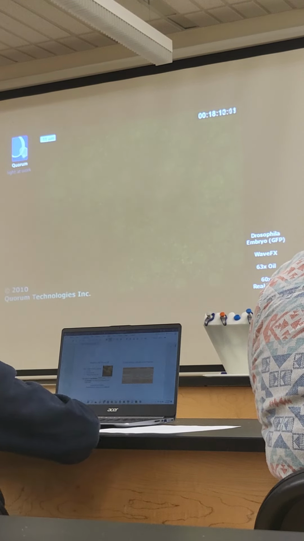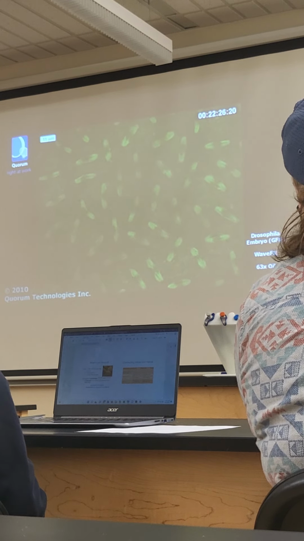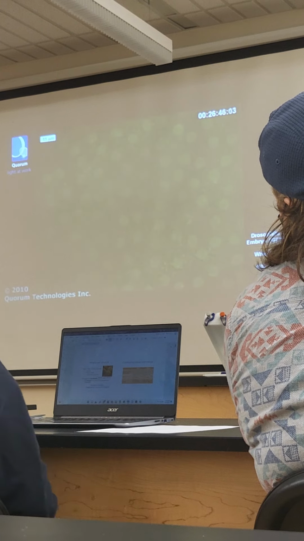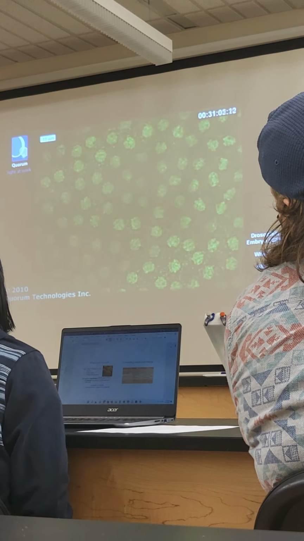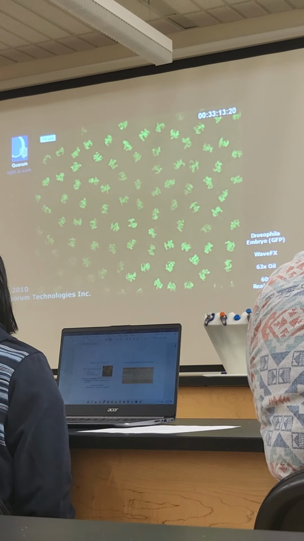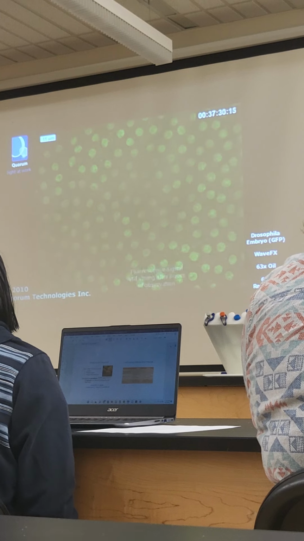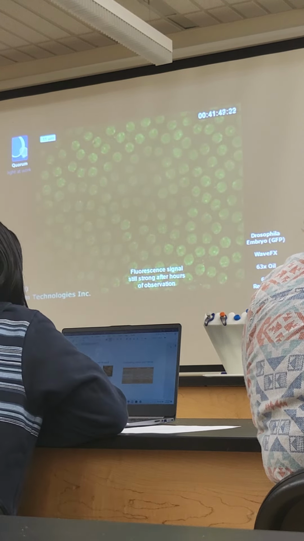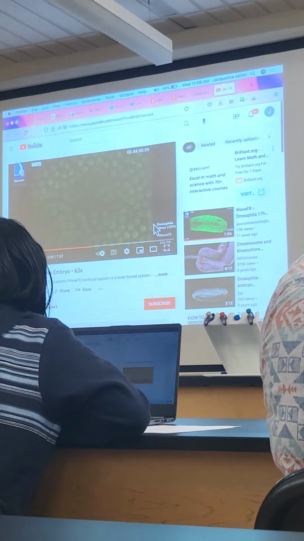And you can see they all go into, in this case, the GFP is highlighting where the chromosomes are. So you see they all condense and then they split apart at the exact same time. This sort of bag of nuclei will eventually form individual cells at a certain point in embryogenesis. So that's Drosophila, that's our little fruit flies.